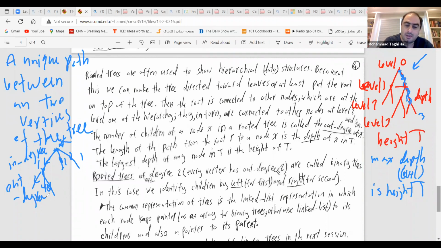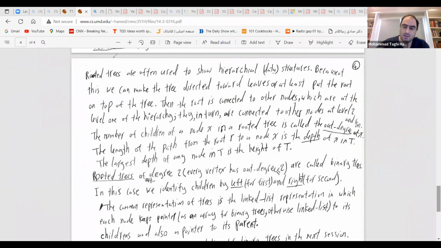So then, what is a binary tree? A binary tree is one where, as I mentioned, the in-degree of every vertex is at most 1 in a tree: for the root it is 0, and for everyone else it is 1, because there is one vertex coming in. The out-degree is less than or equal to 2, and that is called a binary tree.